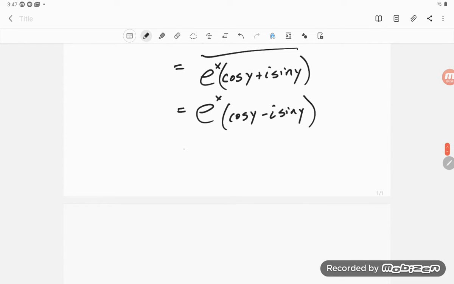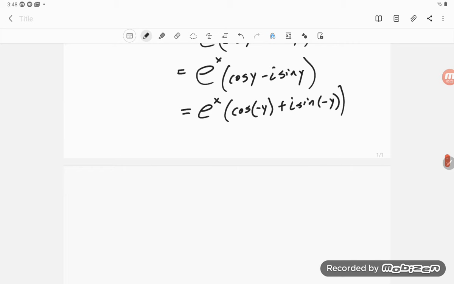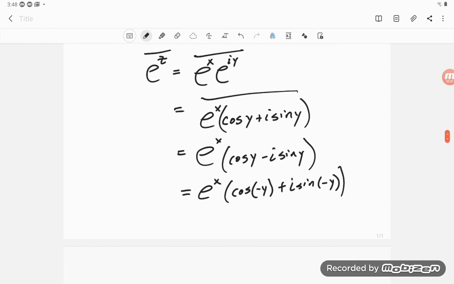And now I will use a trig identity. That's the same thing as cosine of minus y, because cosine y equals cosine minus y, and plus i sine minus y. I think that's what I want. I might have to start at the other end and think about that.